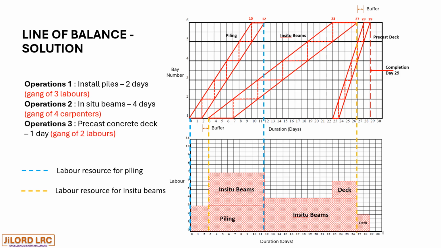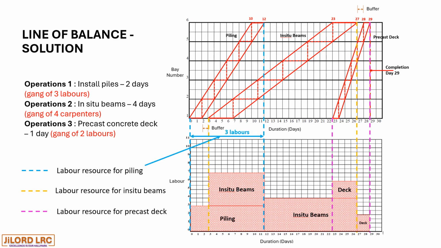And then operation 3, which is precast concrete deck, which has 1 day duration each with a gang of 2 laborers, has a violet marking, took place from day 23 to day 29, which ends the project.